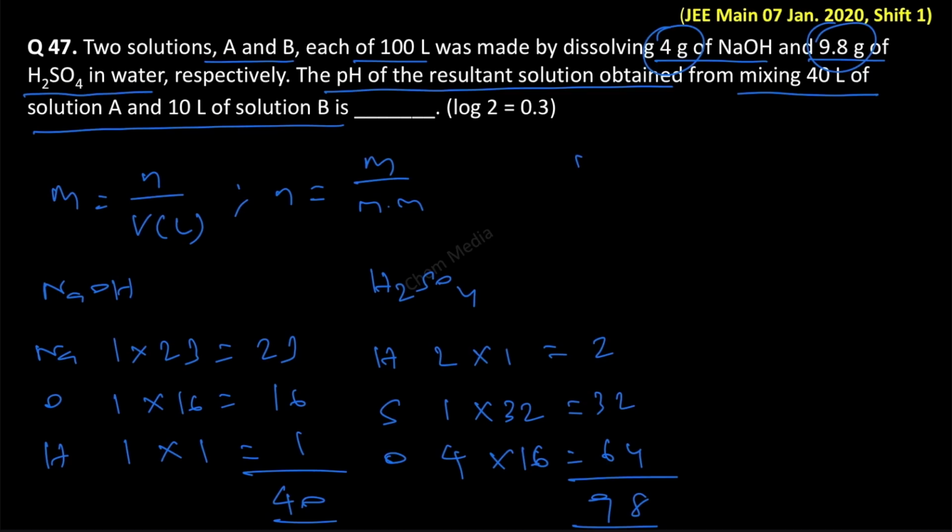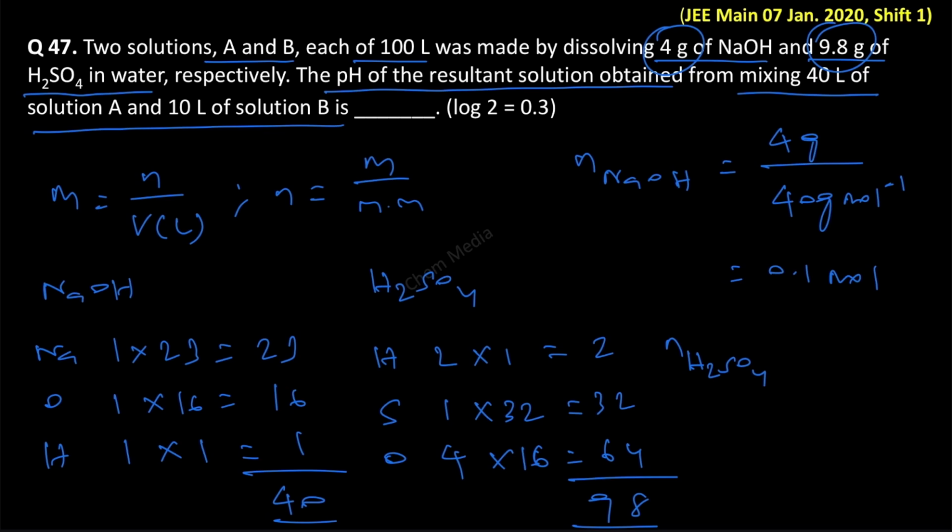So this means number of moles of NaOH is equal to 4 gram divided by 40 gram per mole. So this is equal to 0.1 mole, and then number of moles of H2SO4 is equal to 9.8 gram divided by 98 gram per mole. So this is also 0.1 mole.